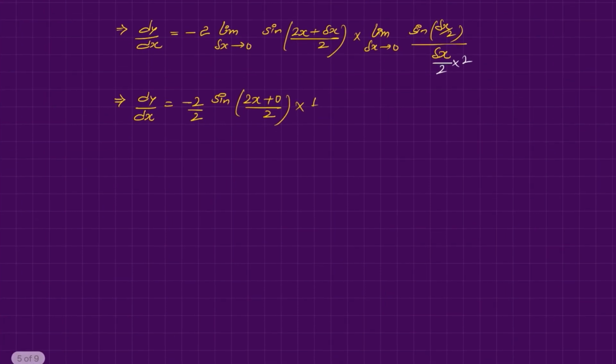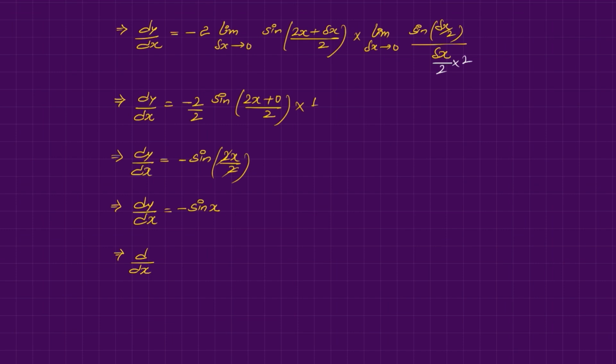So this implies dy by dx equals minus 2 by 2, which is simply minus 1, minus sine of 2x by 2. Here 2 and 2 get cancelled, so we will have dy by dx equals minus sine x, and since our function was cos x, in place of y let me write cos x here. So d/dx of cos x equals minus sine x, and that is the proof for this theorem.